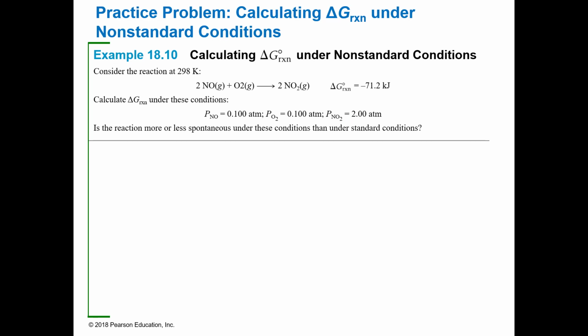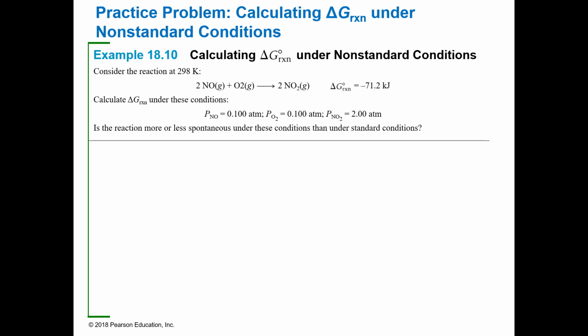All right, so let's look at a problem here. It says calculate the Gibbs free energy for the reaction under non-standard conditions. So we have the reaction at 298, and we have the standard Gibbs free energy of negative 71.2 kilojoules per mole, or just kilojoules, and they want us to calculate the non-standard conditions.